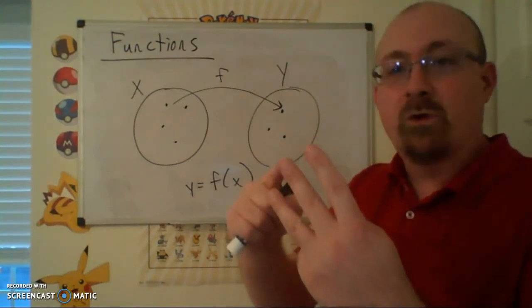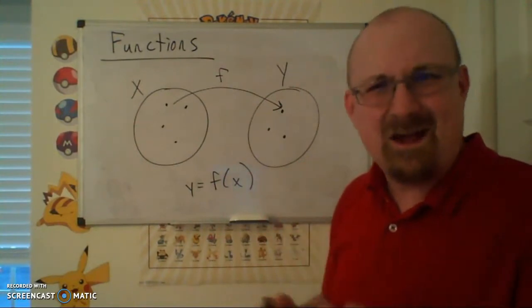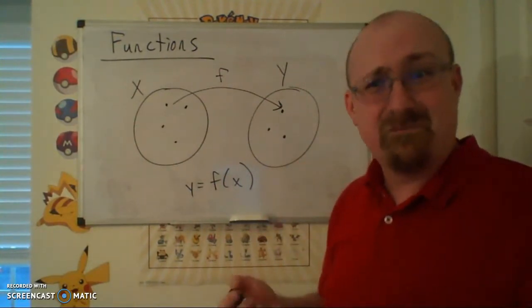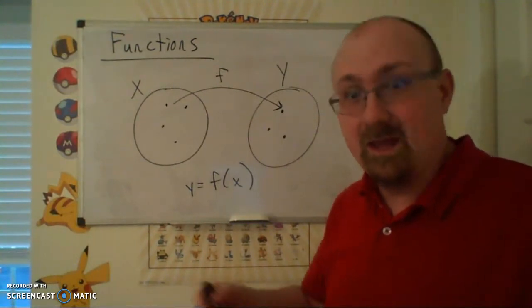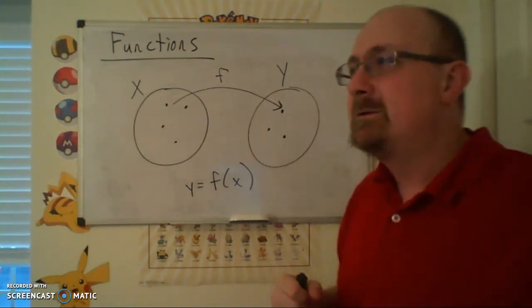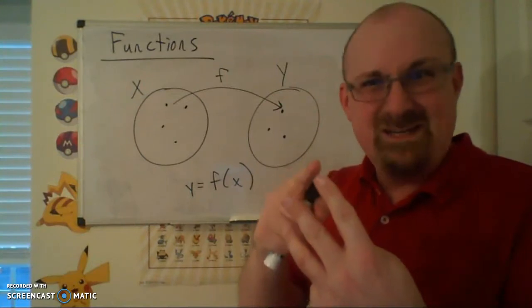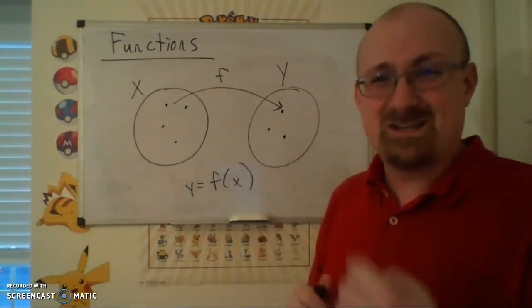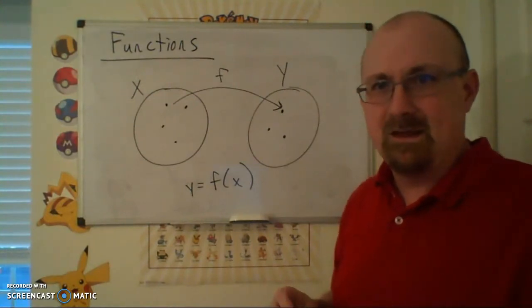You could also have a function that comes at you as a table of values. If you're in the sciences, that's how you end up getting most of your functions in the first place, because you're probably measuring something in a laboratory setting, and that's where your functions are arising. You've got pairs of numbers that are lined up. For a lot of what we're going to be doing in calculus, we tend to assume that the function is coming to us via a formula of some sort, like what we've already been dealing with.